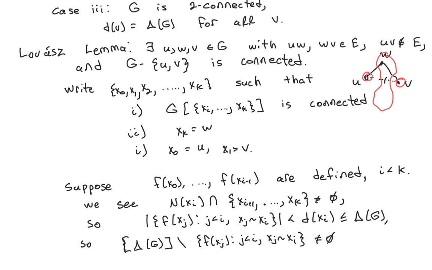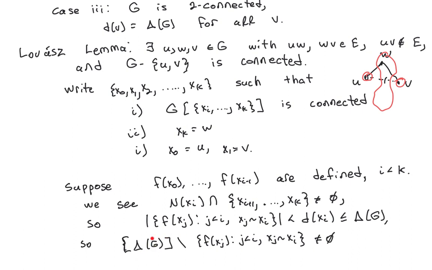In particular, that ensures that if we look at the colors of the neighbors of xi that are earlier in the order, even if these colors were distinct, we have strictly less than the degree of xi many colors that have been used, because at least one neighbor occurs later. And since that's at most the max degree, there has to be a color available.